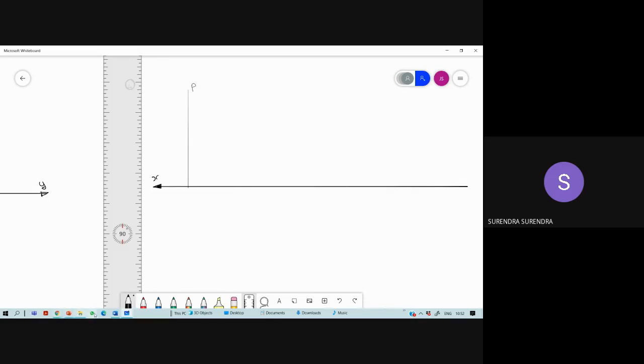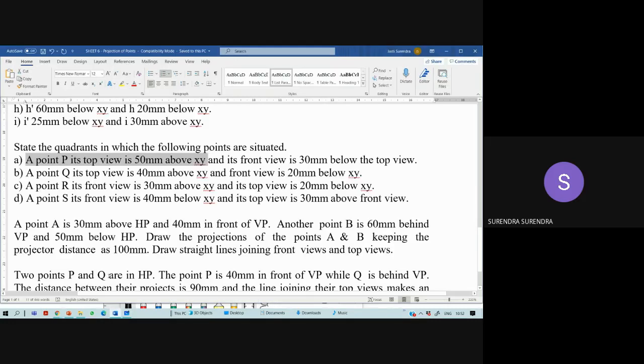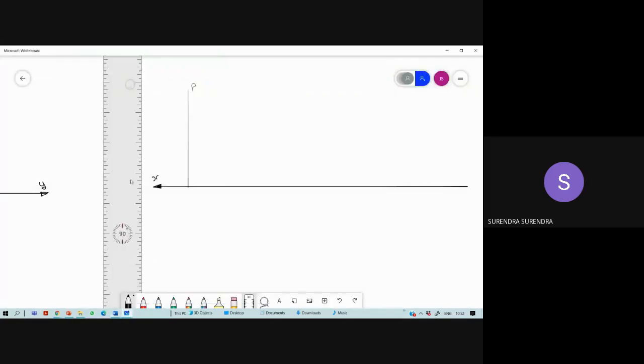And next, where is the front view? Front view is 30 mm below the top view. So that we don't get confused with respect to XY, they said the front view is 30 mm below the top view. So from P, at a distance of 30 mm below, mark P dash.